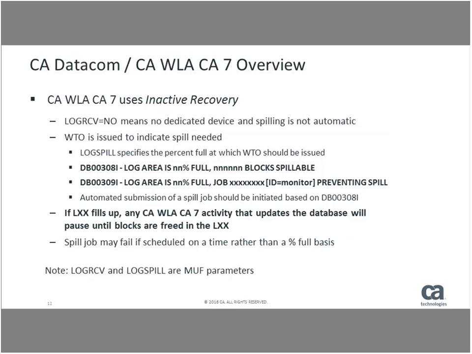So for CA11, it doesn't use recovery. So there are going to be some changes you're going to need to make for the MUF as far as recovery. There is a parameter in there called LOG_RCV. It means that it doesn't allocate a dedicated device, but it is not an automatic spill.